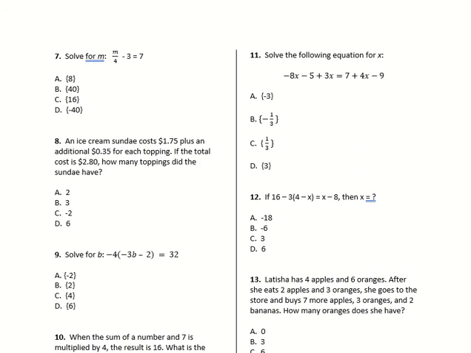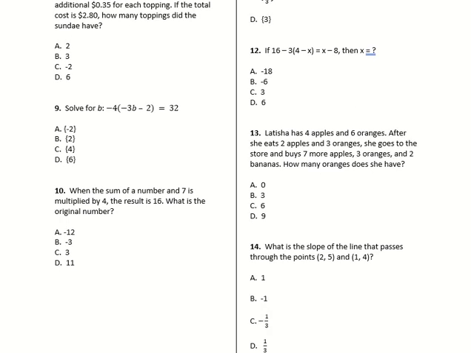Number 11. Solve the following equation for x. Negative 8x minus 5 plus 3x equals 7 plus 4x minus 9. A, negative 3, B, negative 1/3, C, 1/3, D, 3. 12.